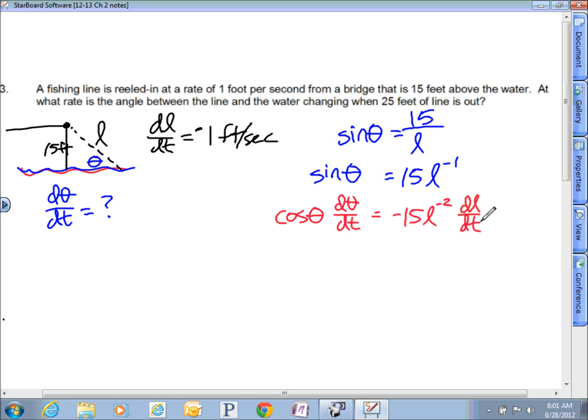Now start filling your stuff in. We know that 25 feet of line is out, so that's our L. So negative 15 over 25 squared when I plug in the L, and dL/dt is -1 foot per second.